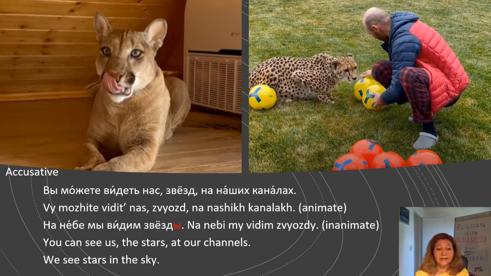Next case is accusative case. And I mentioned once when I was introducing gender cases of nouns in singular that accusative case is very interesting in Russian language. It depends whether the object is animate or inanimate.